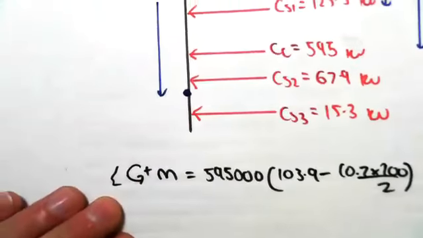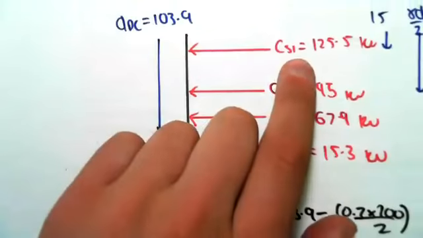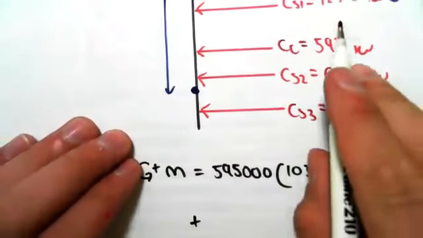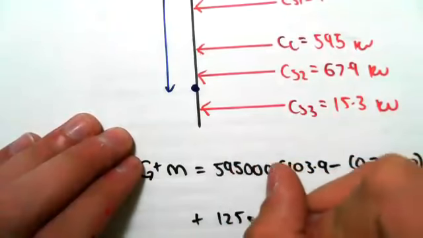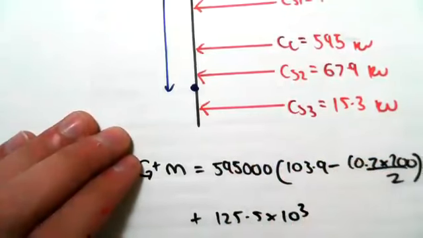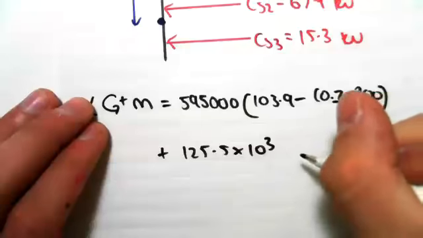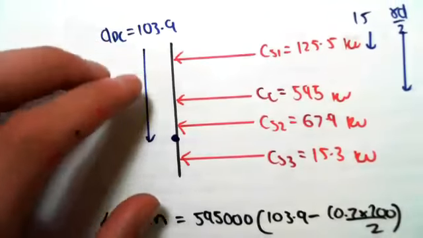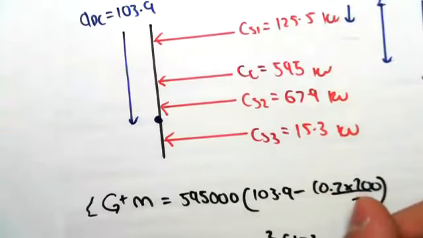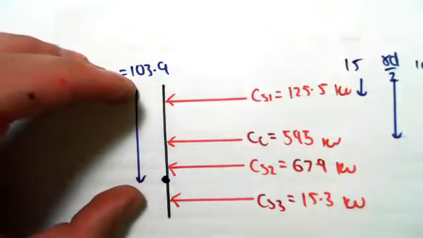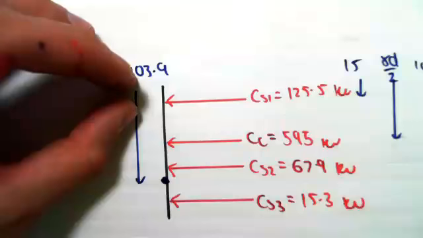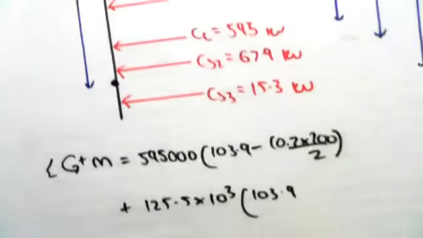Now for steel 1, so this layer here, the compression, so the force is 125.5, putting it into newtons, so times 10 to the power of 3, times its lever arm, which would be 103.9, so that distance there, minus its distance from the top, so minus 15.